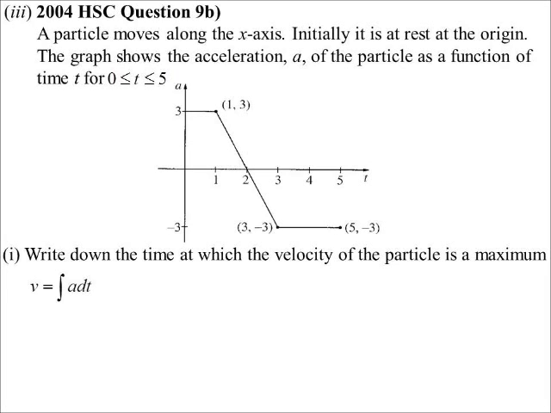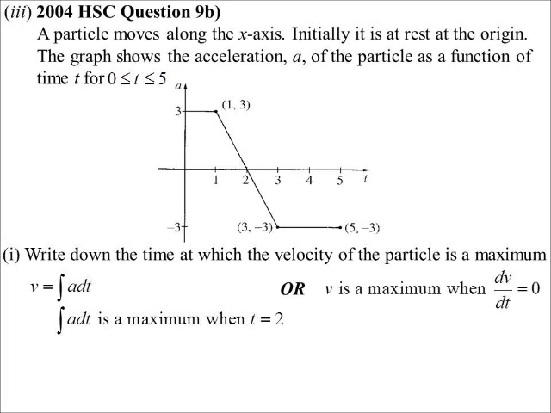Now we know velocity is the integral of acceleration, or another way of thinking about it is acceleration is the derivative of velocity. So the area, or integral, will be a maximum at t equals 2.